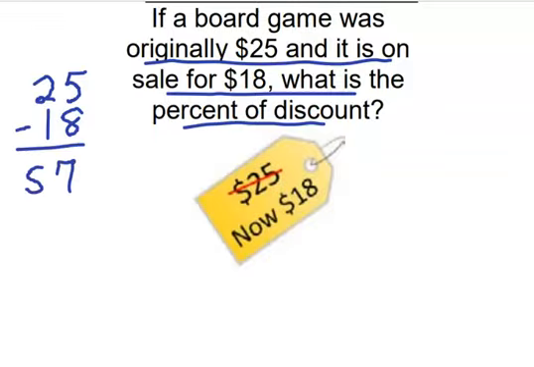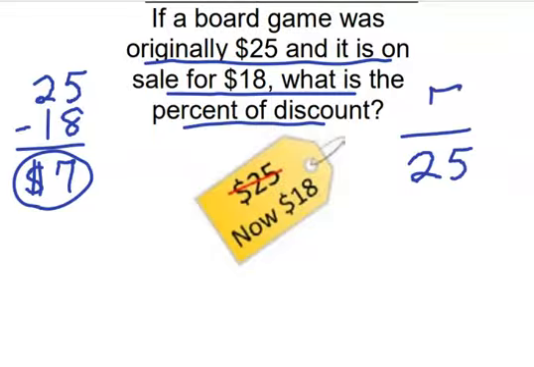So basically the price was marked down $7. So if we can figure out 7 out of 25, so basically 25 is the total amount, and 7 was the discount. So it was $7 was the price drop. So now it's $18 because of that $7 price drop.